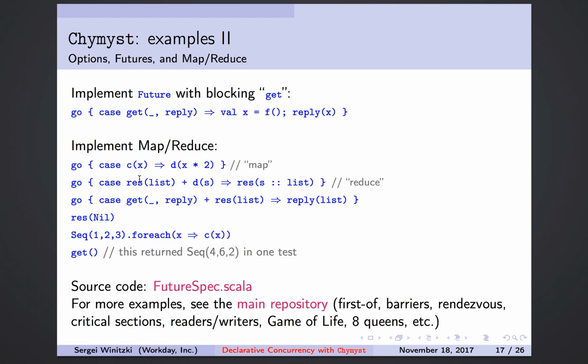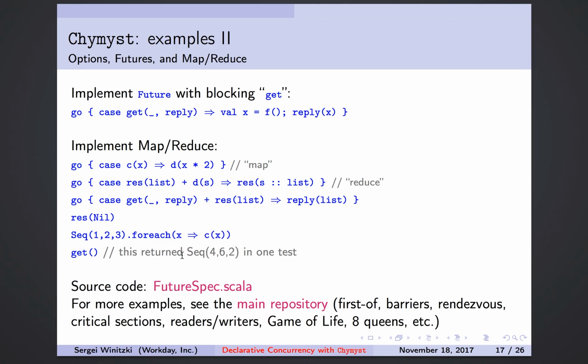And then the reaction will be that this molecule reacts with a D molecule and puts the value from D onto the list. Finally, we might want a get molecule that will get the value from the list like we did before.